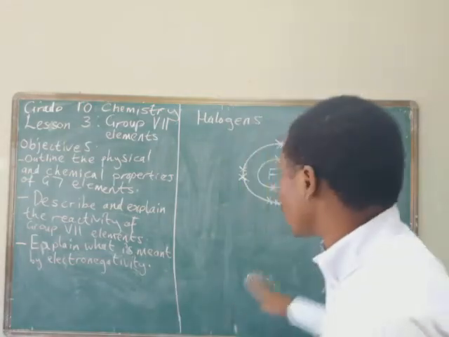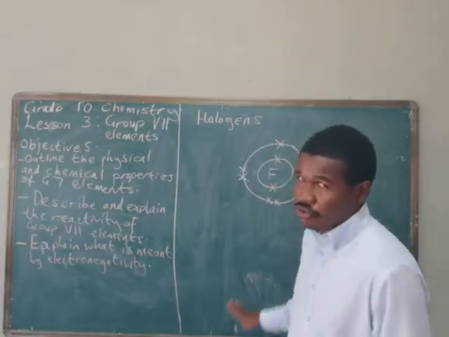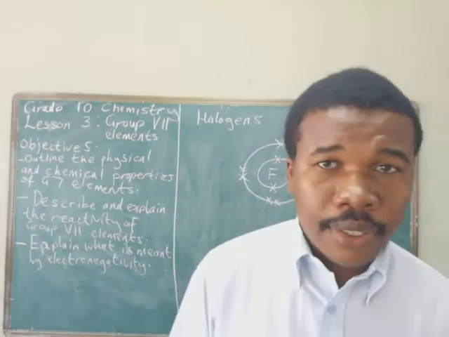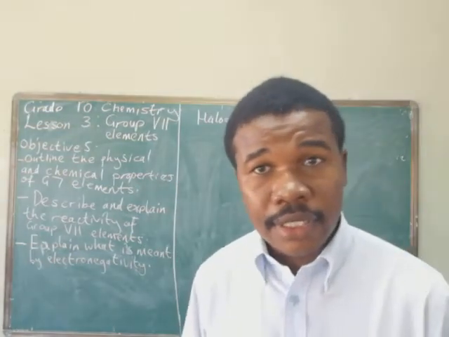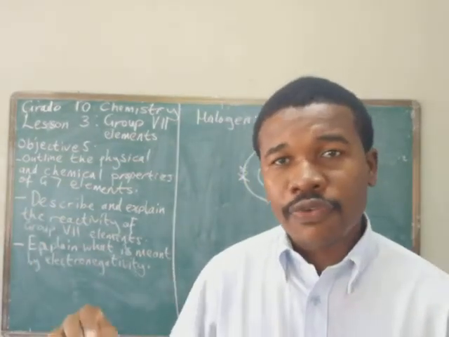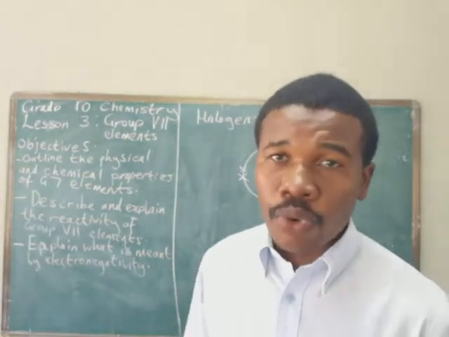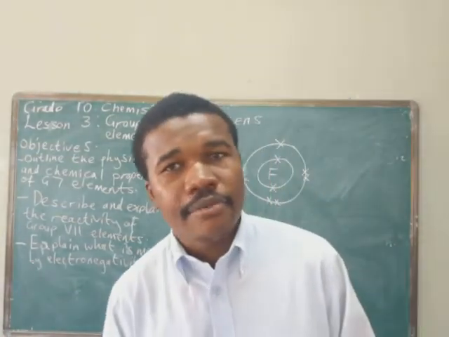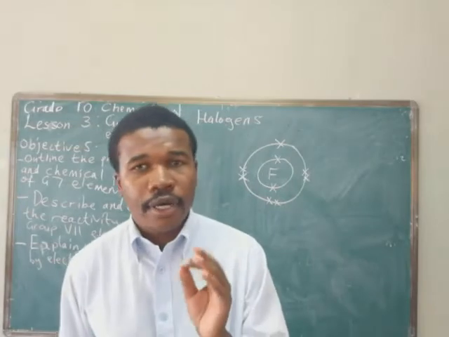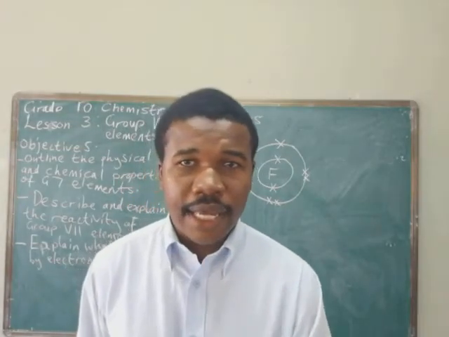If you look at fluorine, it only has 9 electrons, but chlorine has 17, right? If you go to bromine or iodine, they have many more electrons. And this affects the melting point and the boiling point of these group 7 elements.